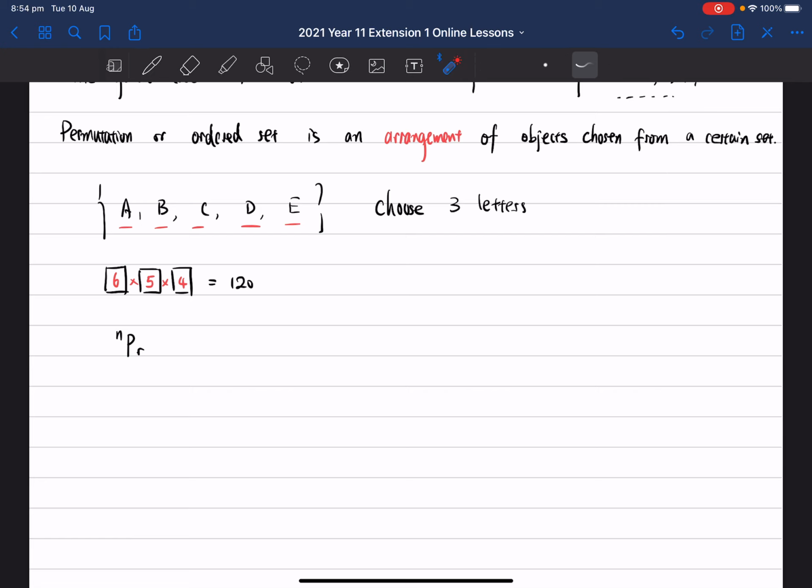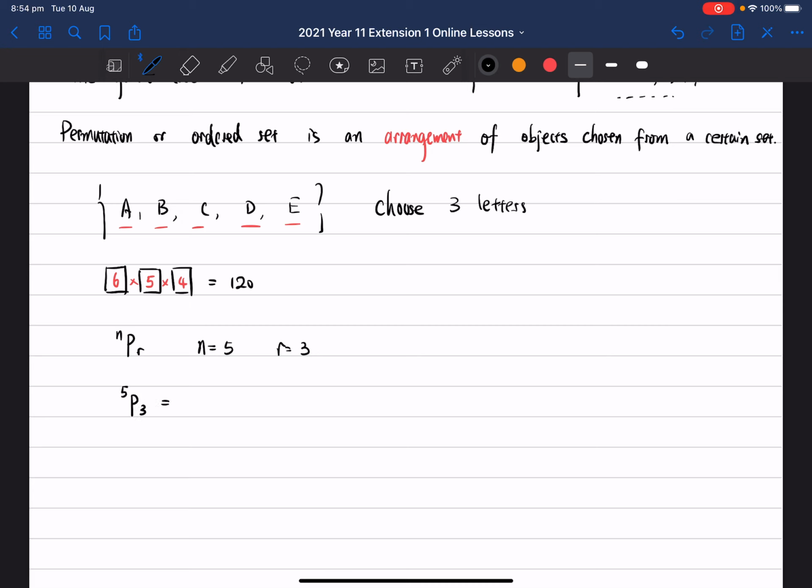Basically, this tells you, I've got a total of n distinct letters, and I want to choose r letters from them. What is the permutation of that? In this case, n is equal to 5 distinct letters, and r is equal to 3. I'm only going to choose 3 letters from there.